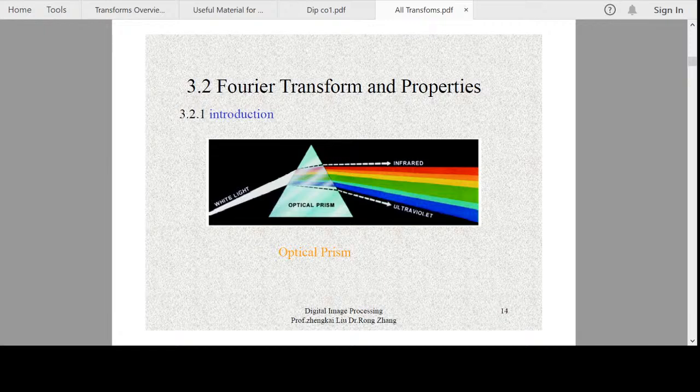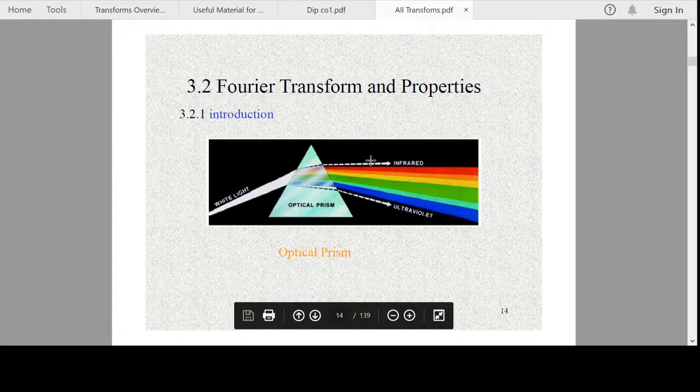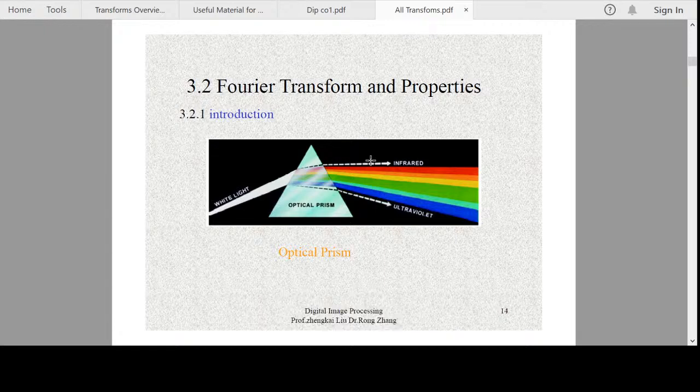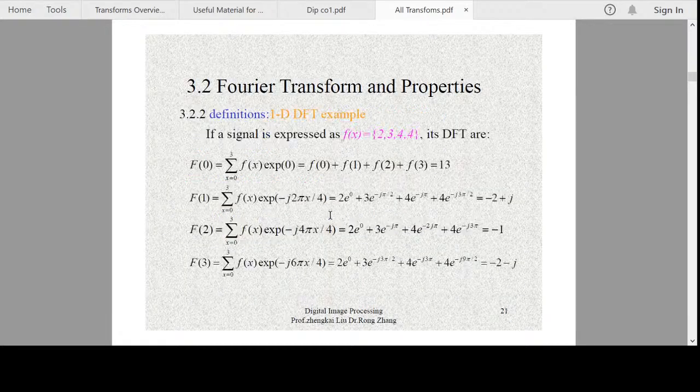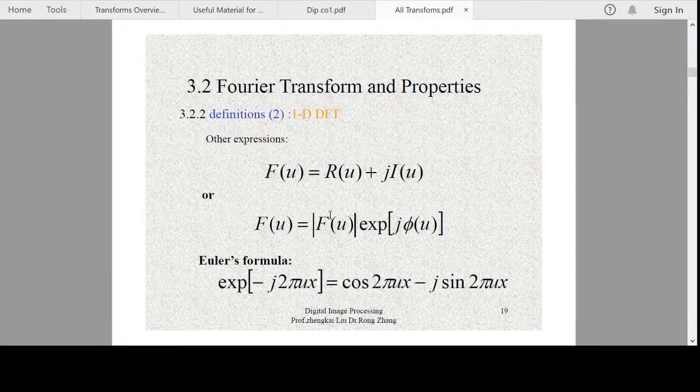We have seen the DFT. Basically, it is a mathematical prism which dissects the given signal into a number of frequency components, like an optical prism. And then we have seen the equation for DFT.